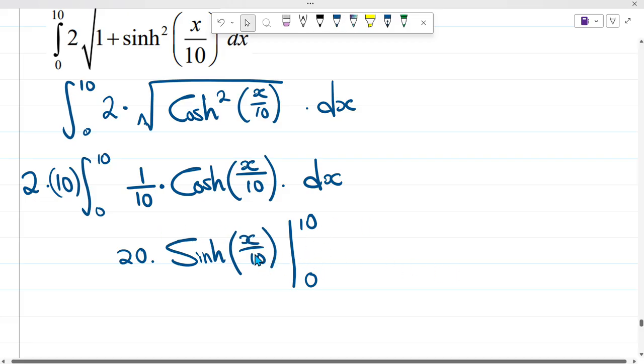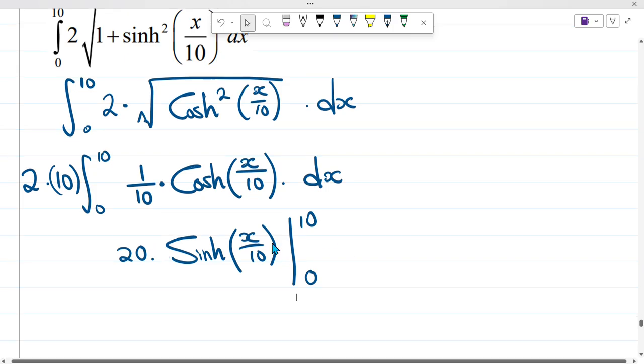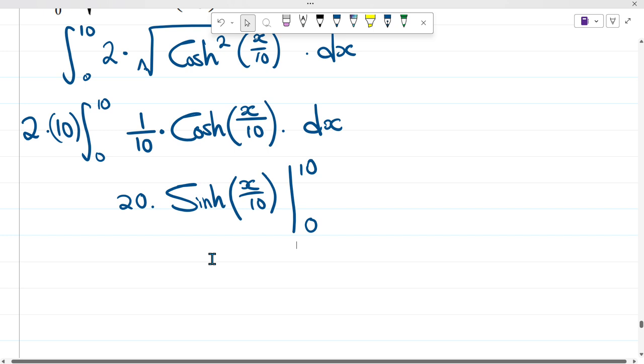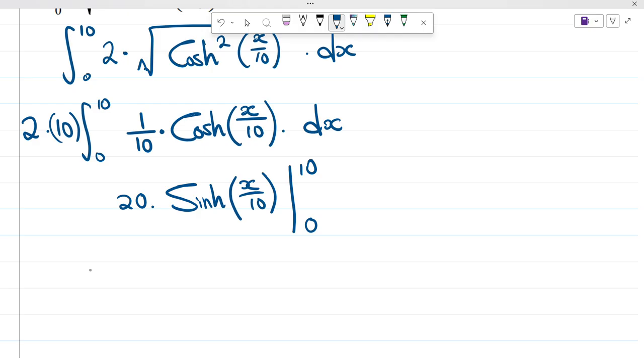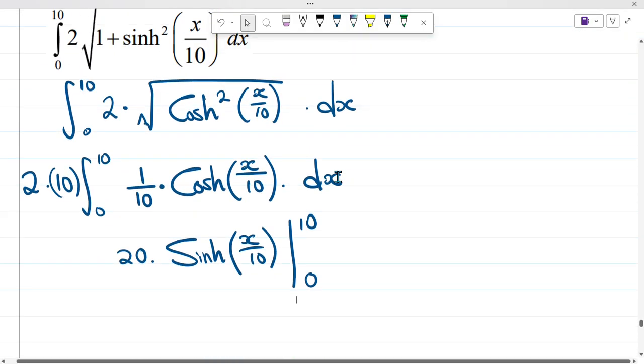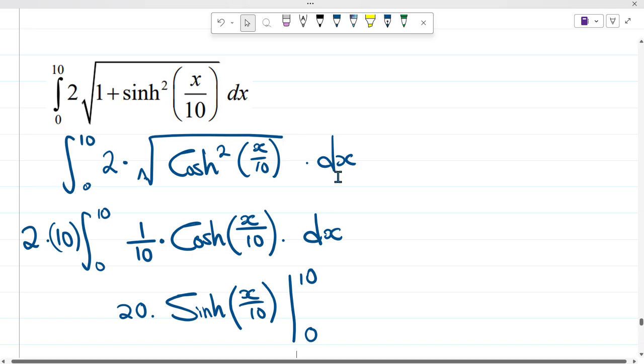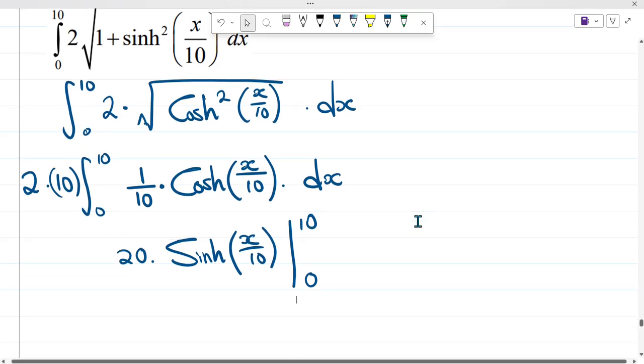And then from here, we're going to substitute the limits.